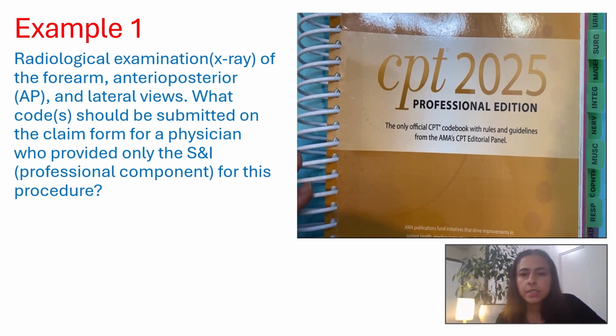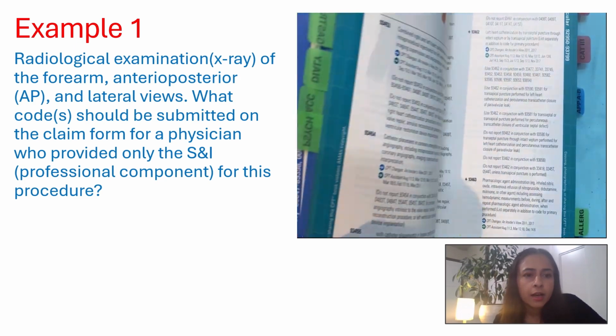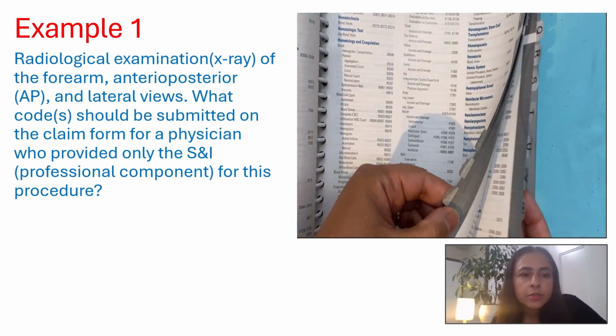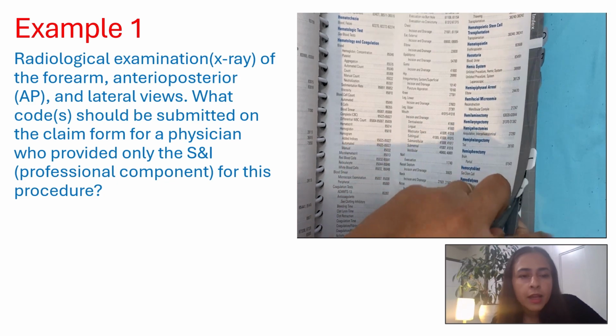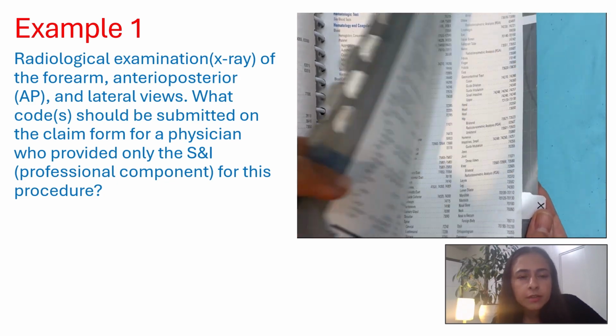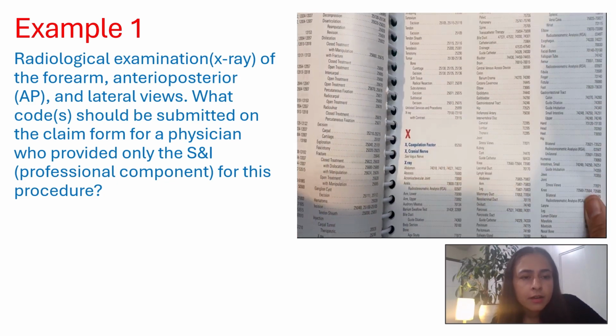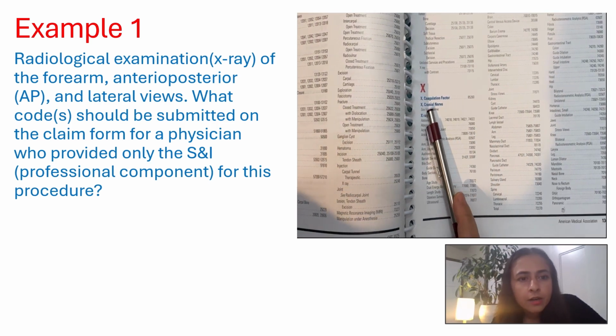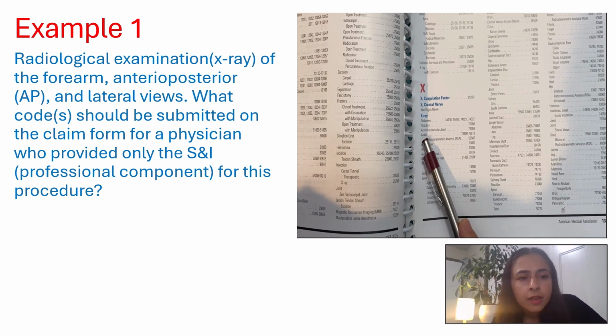So here the question is asking about the X-ray of the forearm. So we have to go to the index and find the X-ray, and for the forearm we can find it under lower arm.